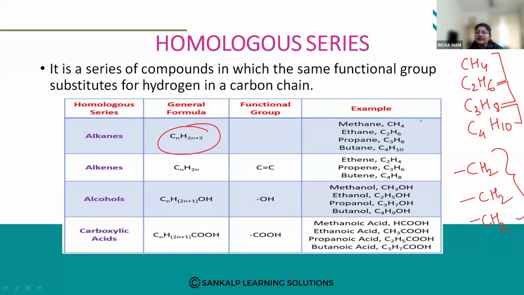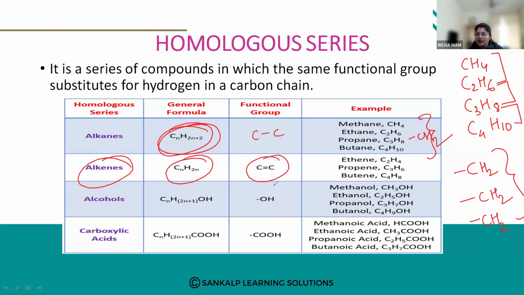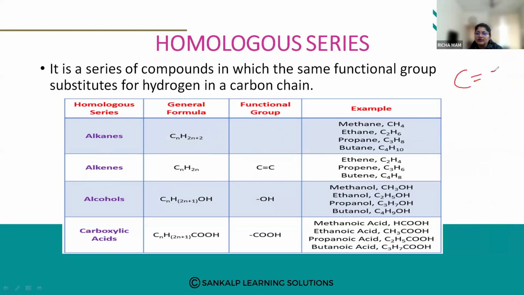So they will obey one particular rule: the difference between these members is CH2. Now alkenes. If you see alkenes, here it is C double bond C, with general formula CnH2n. Ethene is C2H4, then C3H6, then C4H8.